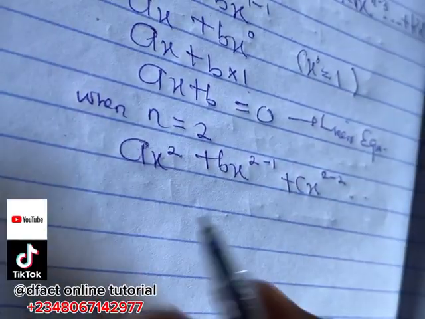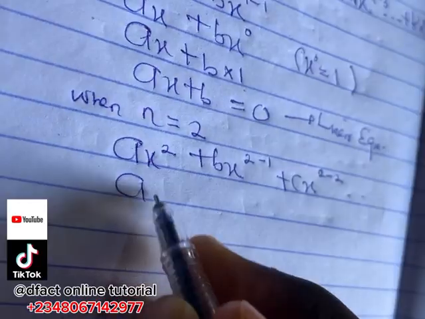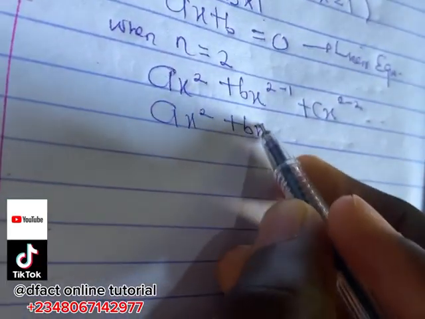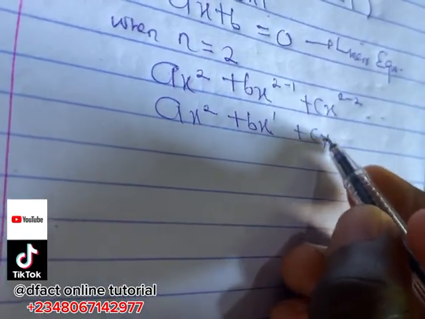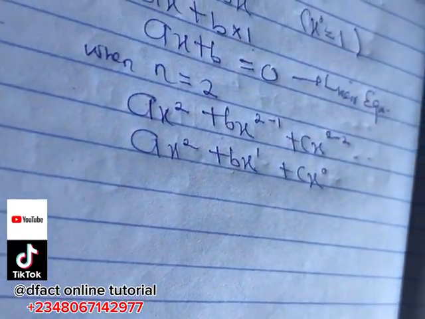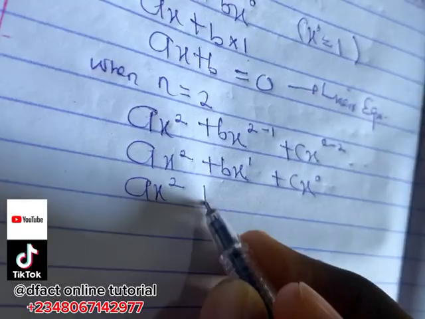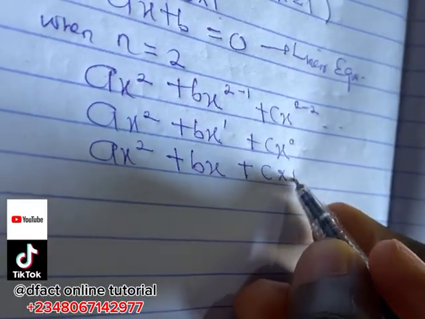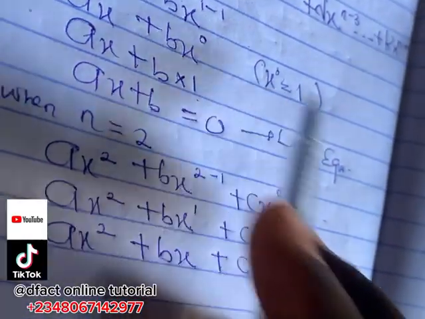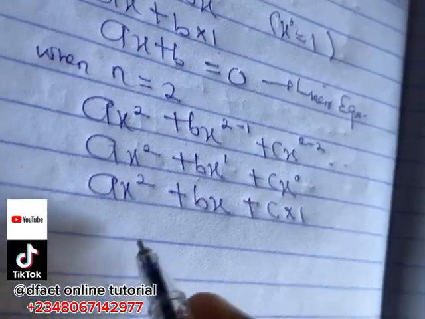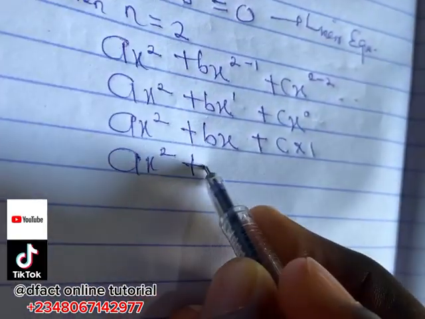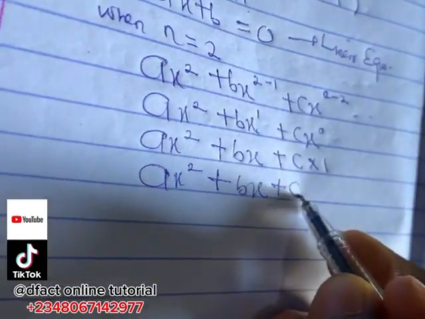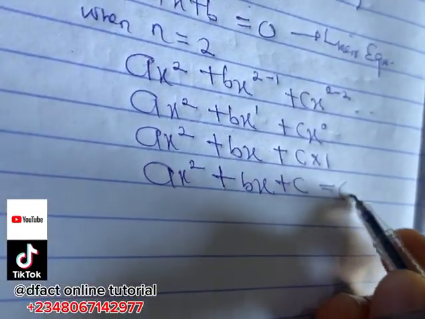Now we have ax squared plus bx to the power of 1 here plus cx to the power of 0. As you can see, we have ax squared plus bx, still the same thing, plus c times 1, because anything to the power of 0 is 1. So that's why this one is also 1. So we have ax squared plus bx plus c, now in the form of an equation, equals to 0.